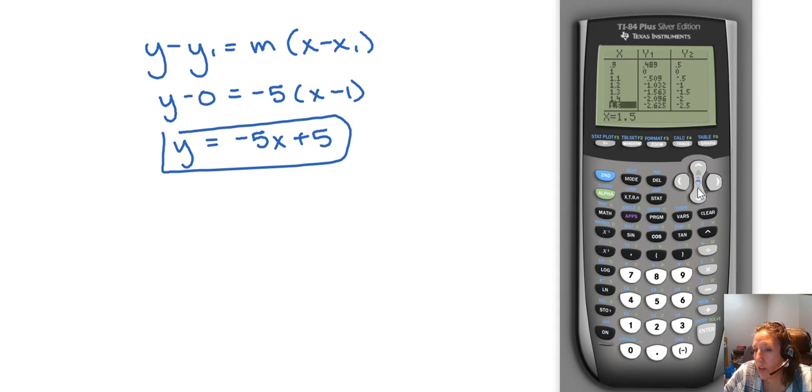If we go the other direction, by the time we get all the way down to 0, it's quite a ways off. And so a tangent line can help us approximate our function really close to the value that we're looking at.